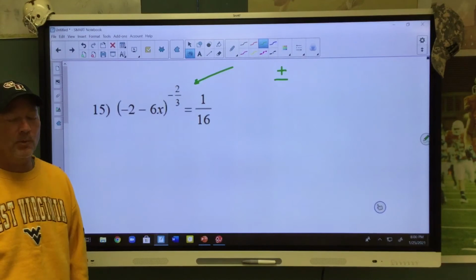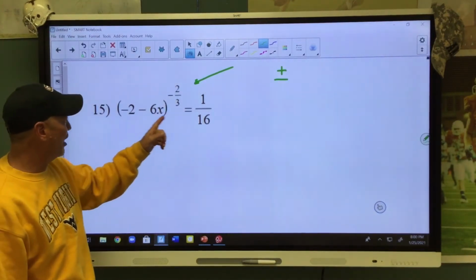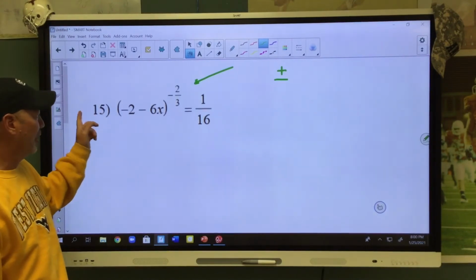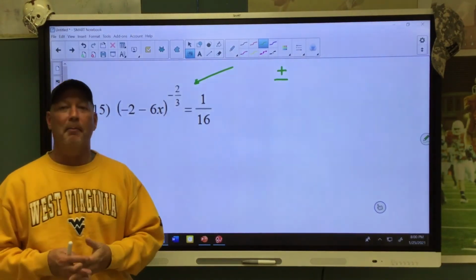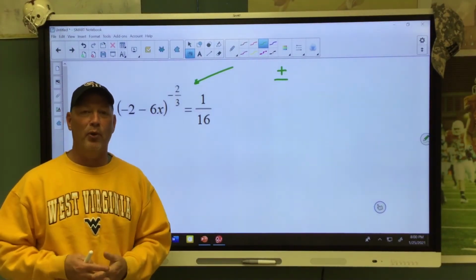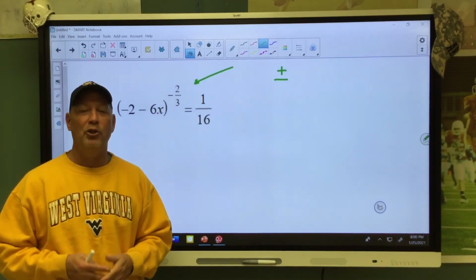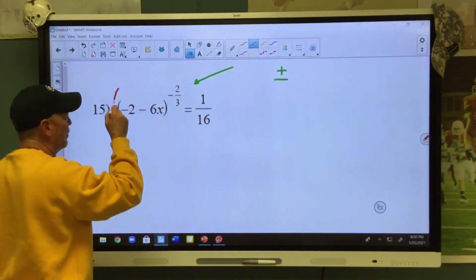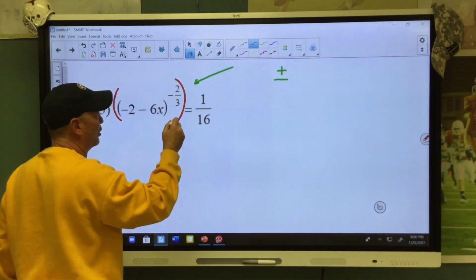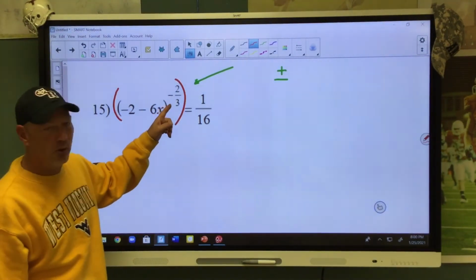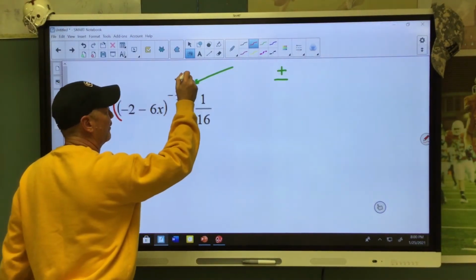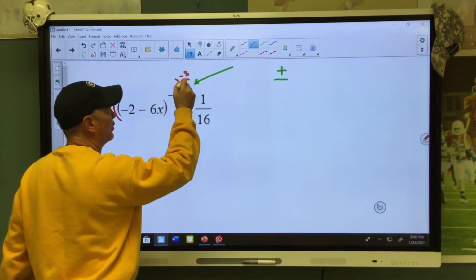Okay? All right, remember now, we want to try to get our exponent portion by itself. I don't have anything in the front, so we're already by itself. So now I am ready to raise the power to the reciprocal. The reciprocal of negative 2 over 3 is negative 3 over 2.